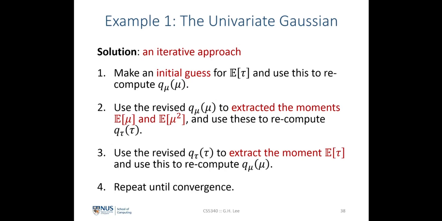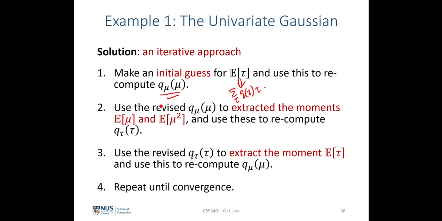So the way to overcome this problem is simply to do an iterative approach, as we have seen in the EM algorithm. We'll simply make an initial guess for the expectation over tau, which is the expectation over q tau, and then make use of this initialization to compute this proposal distribution of q mu.